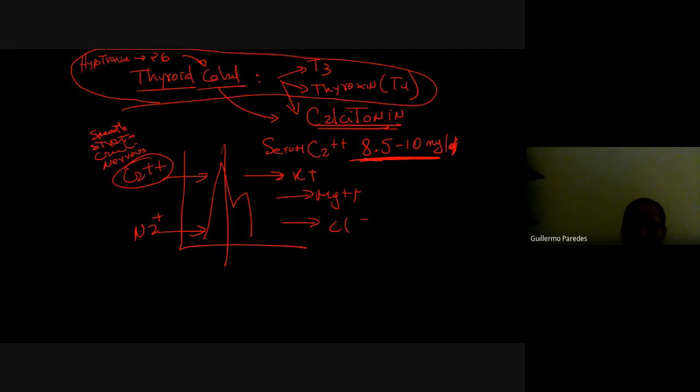Now, what is calcitonin doing? Calcitonin is going to be released by the thyroid gland if calcium is higher than 10 milligrams per deciliter.